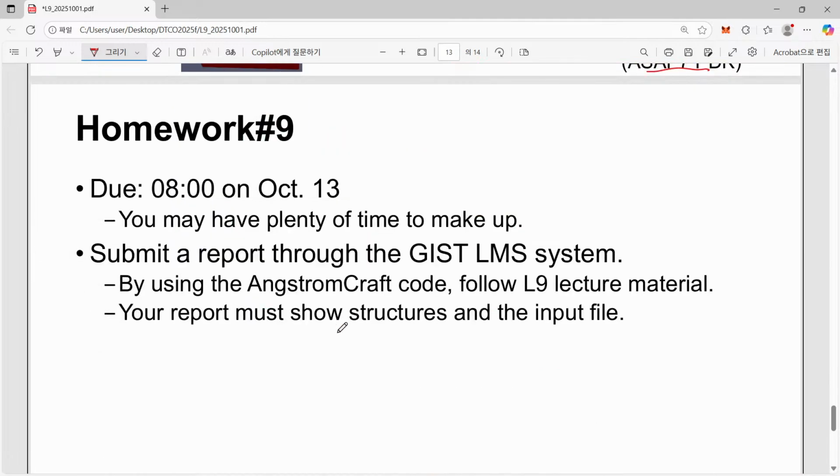And our homework is quite simple. You have a long time to finish homework number 9. Just follow our lecture material with your own exercise and attach the screenshots you have achieved. Most of the information is already given in our lecture material, so you can just do it.